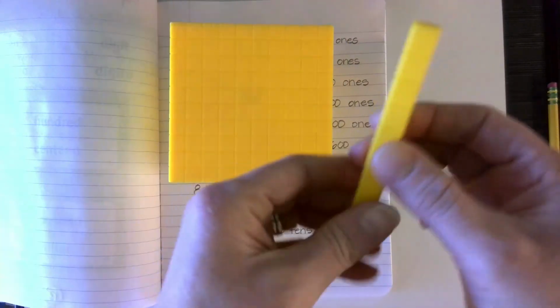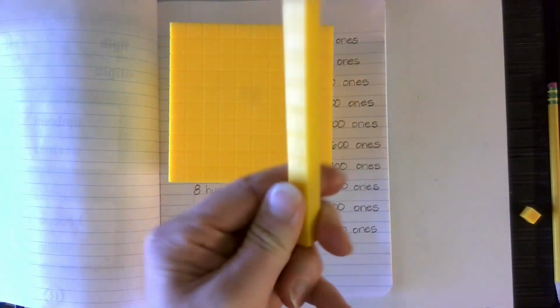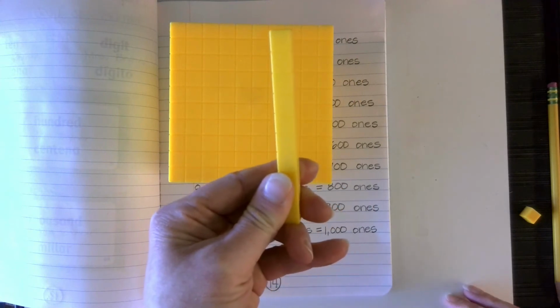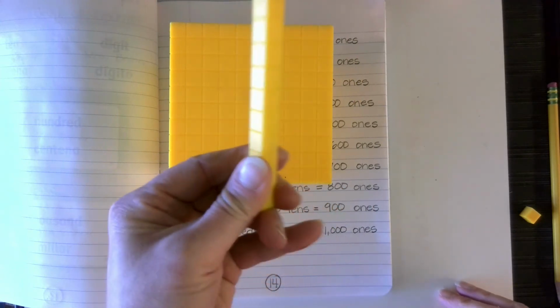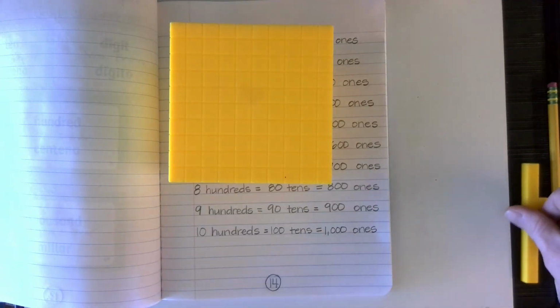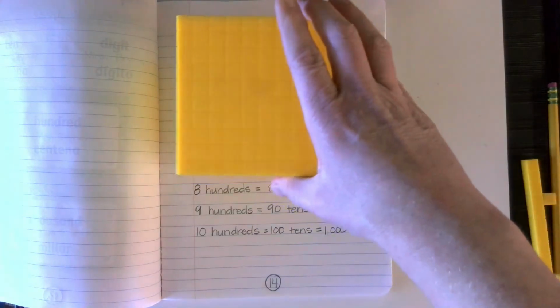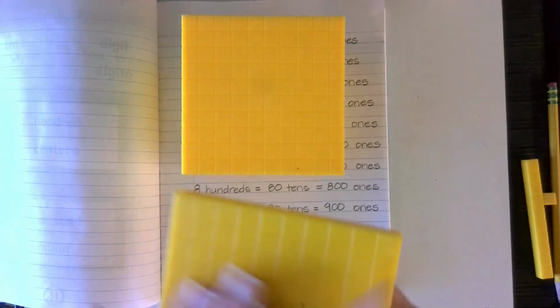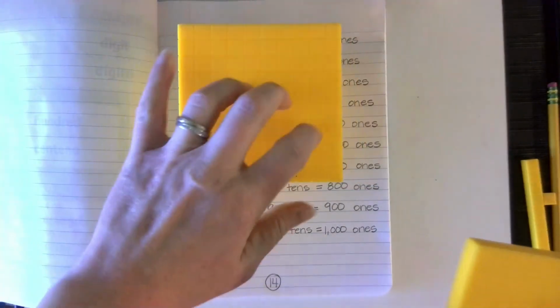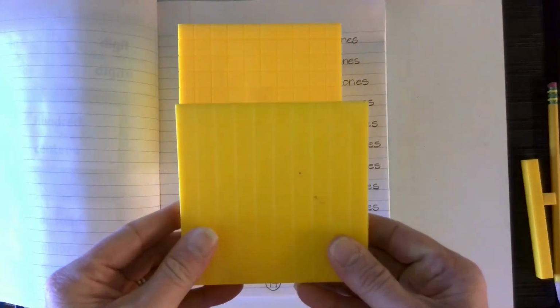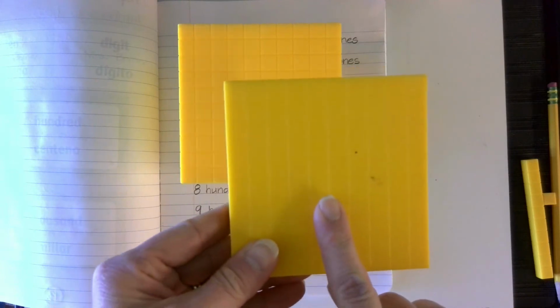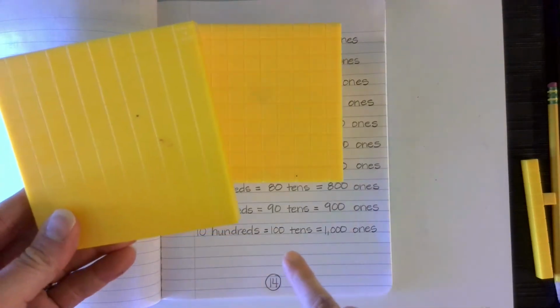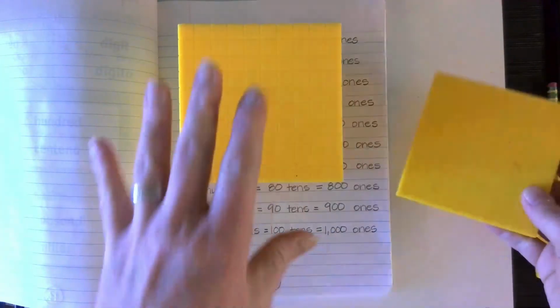I would have 100 tens. Okay, I'd have 100 of these. And if I cut this 1,000 up into hundreds, how many hundreds would I have? I would have 10 of these, and I'm going to show you how that works.